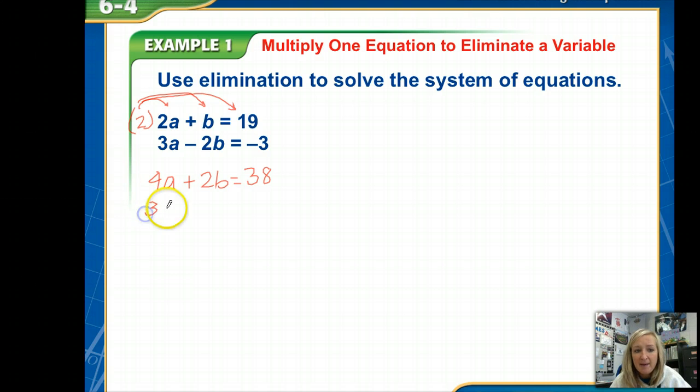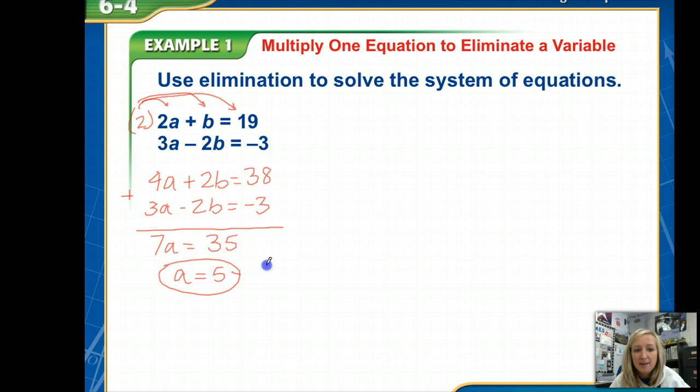And now, again, my bottom equation I'm not changing because by multiplying the top by 2, I can easily see that now I can eliminate my b's. So I have a positive and a negative, so I am going to add these together. I get 7a equals 35, so a equals 5.